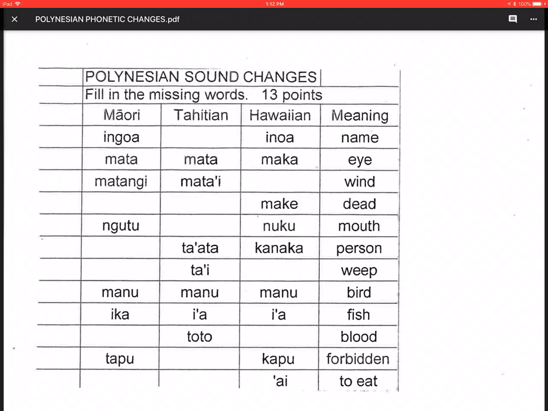Therefore, you could fill in i'oa in the Tahitian, with the little apostrophe instead of the ng or the n. And then in the third row, to fill in the blank for the Hawaiian, we have matangi and then matai, and we want to fill in a word for the Hawaiian. Well, what equals the ng from Maori in Hawaiian? Looking back, it's going to be an n, so we'd have matani.